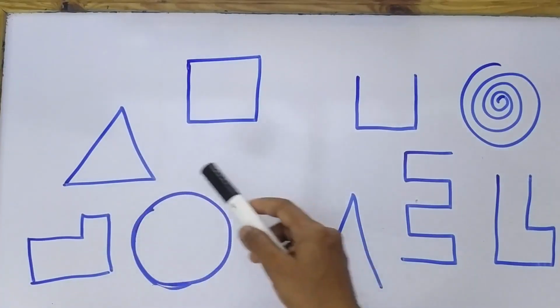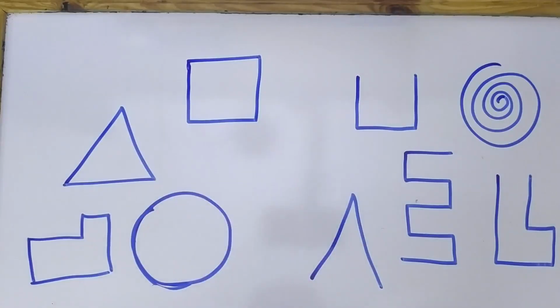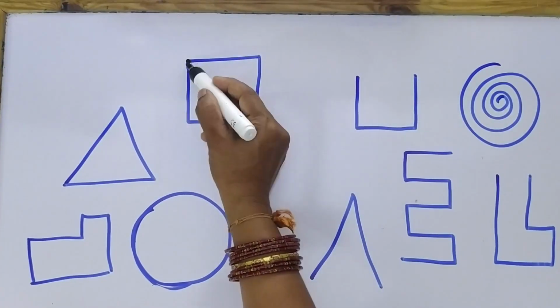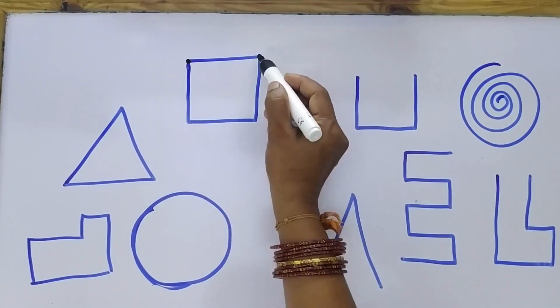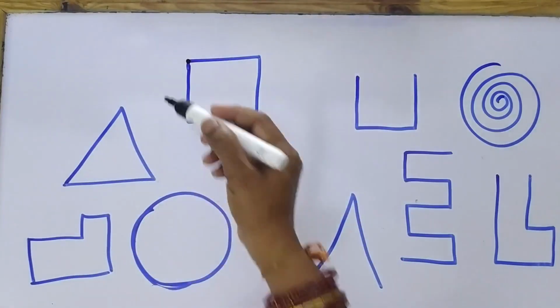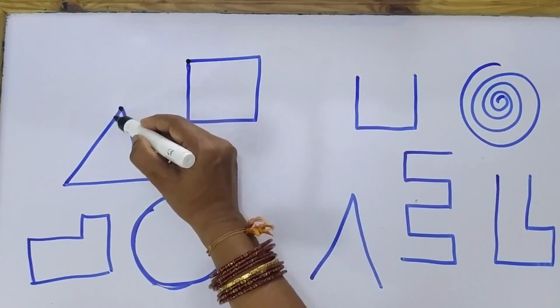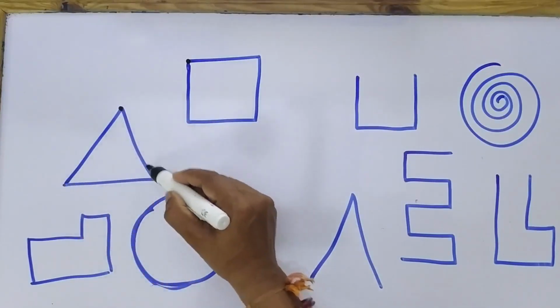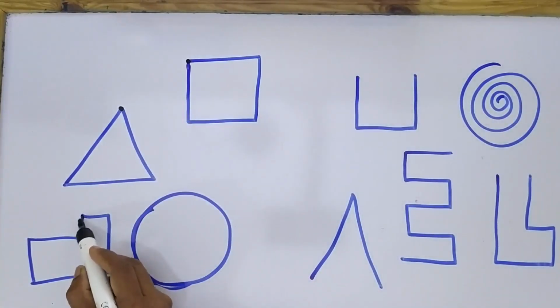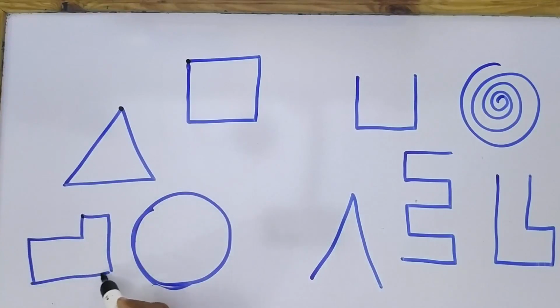they are closed. Closed is nothing but when we start at a point to draw, this is the starting point, and we end at the same point. See here, we start from here, go on drawing and come back to the same point, the starting point. Here also we start from here, go on drawing and come to this point.